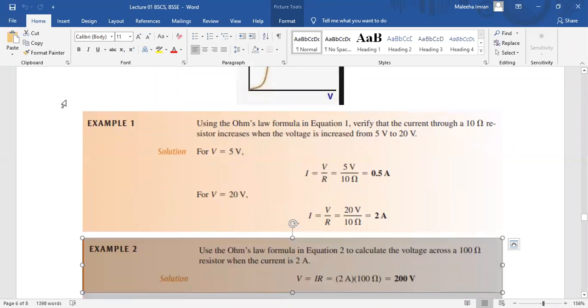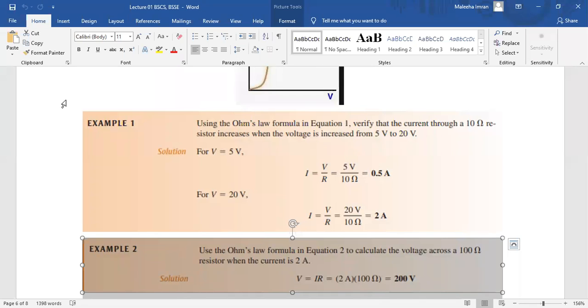Similarly, this is another one. Now we see the second equation, V is equal to IR. From here, you can determine the voltage if the current and the resistance are both known. Here the current is 2 ampere and the resistance is 100 ohm.